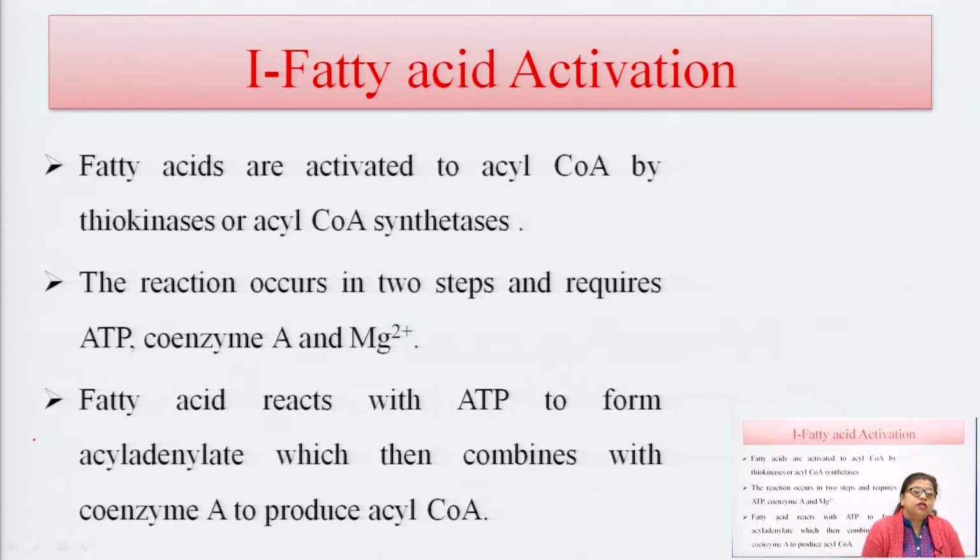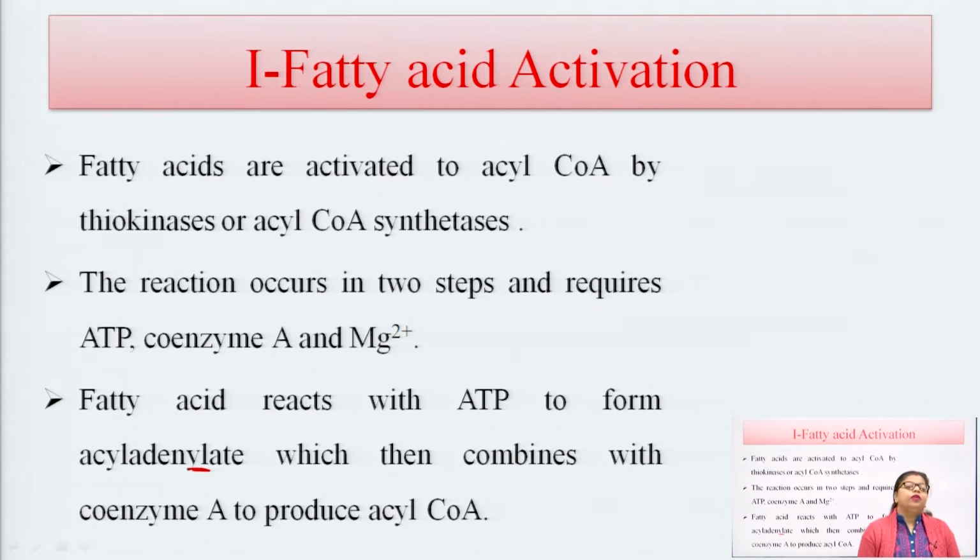This reaction occurs in two steps and requires ATP, coenzyme A and magnesium ions. The fatty acid reacts with ATP to form acyl adenylate, which then combines with coenzyme A to form acyl coenzyme A.